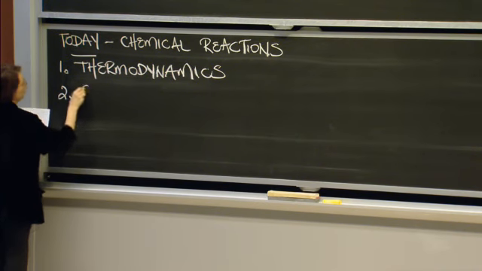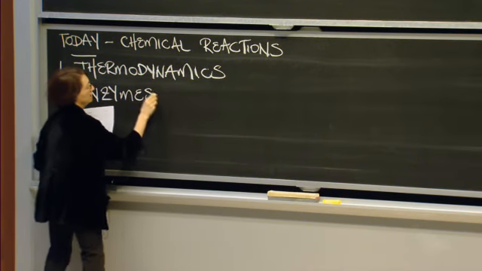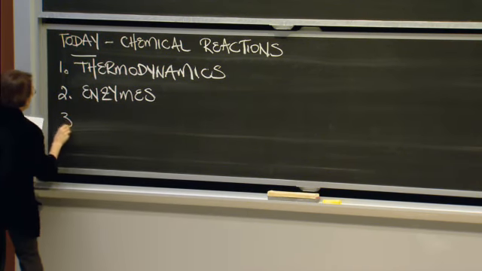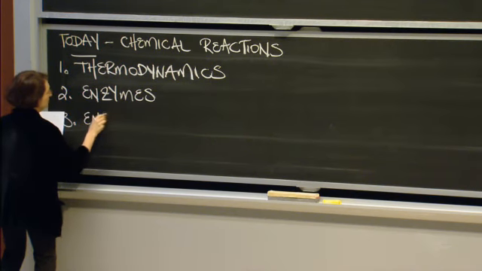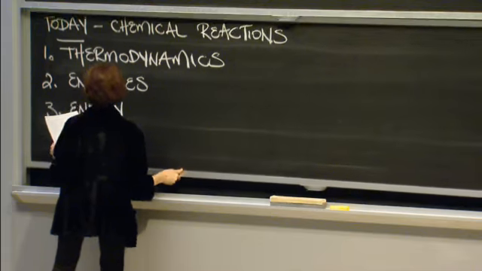And then I want to introduce you to a huge and pivotal class of proteins, the enzymes. And then we'll talk very briefly about the currency of energy in the cell.